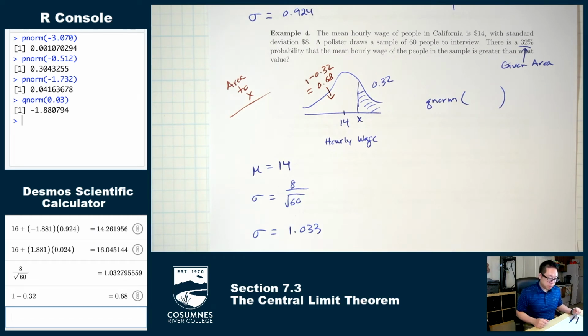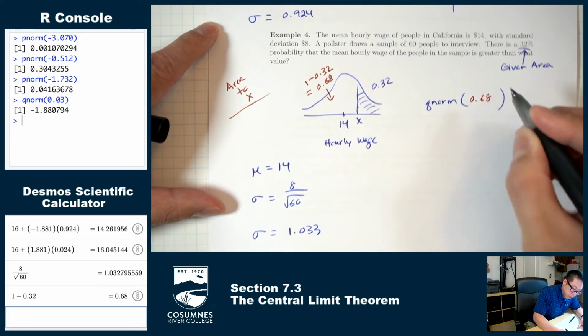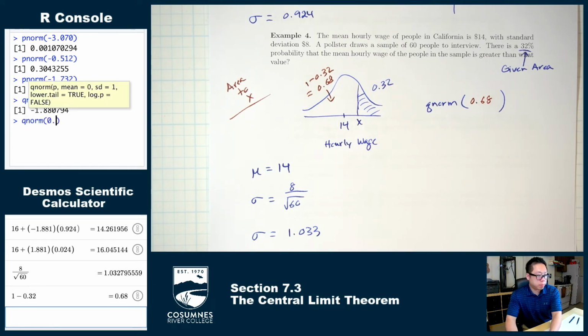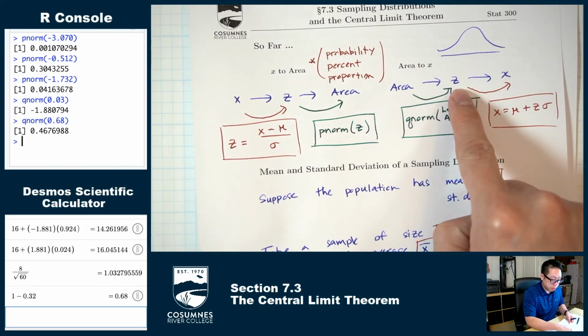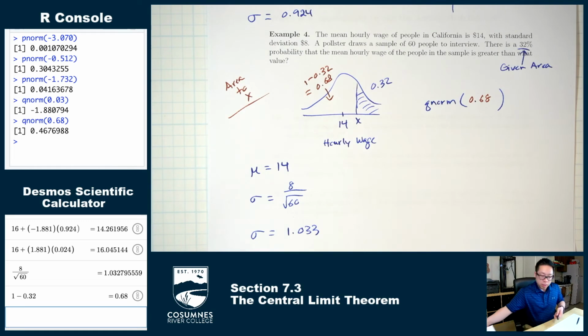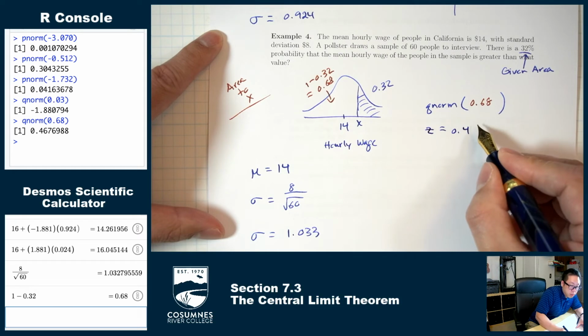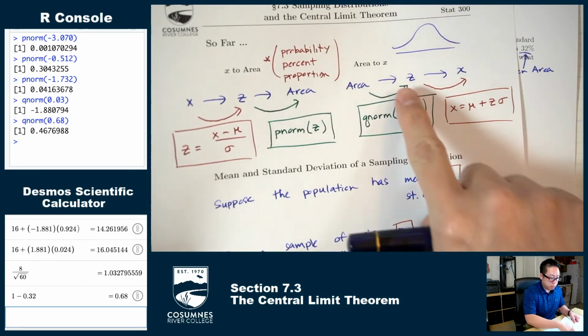All right, so 0.68. So that goes here. So we're going to qnorm 0.68. And we get 0.468. And what is that? So qnorm takes you from area to Z. So that's a Z. So our Z here is 0.468. And then finally, to get from Z to X, use the X formula.